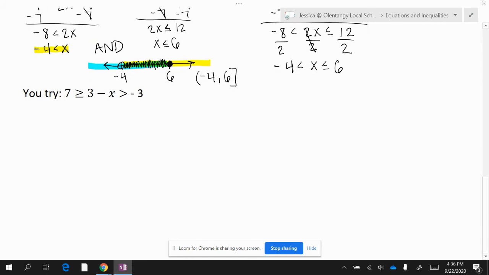All right, you go ahead and try 7 is greater than or equal to 3 minus x, which is greater than negative 3. Again, you can split it up or you can solve it as 1.